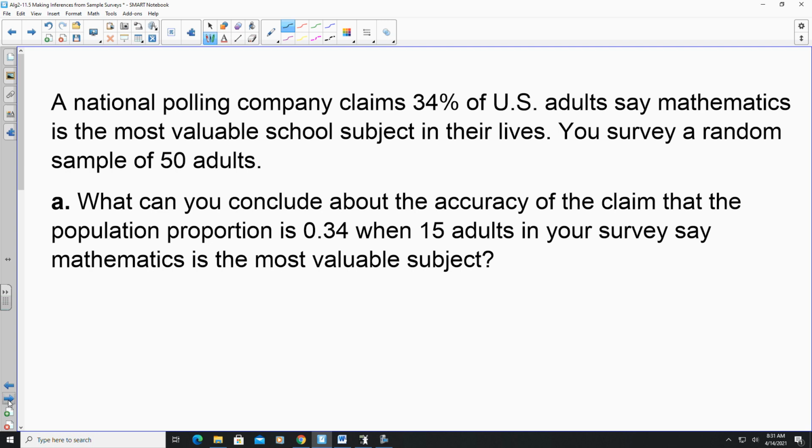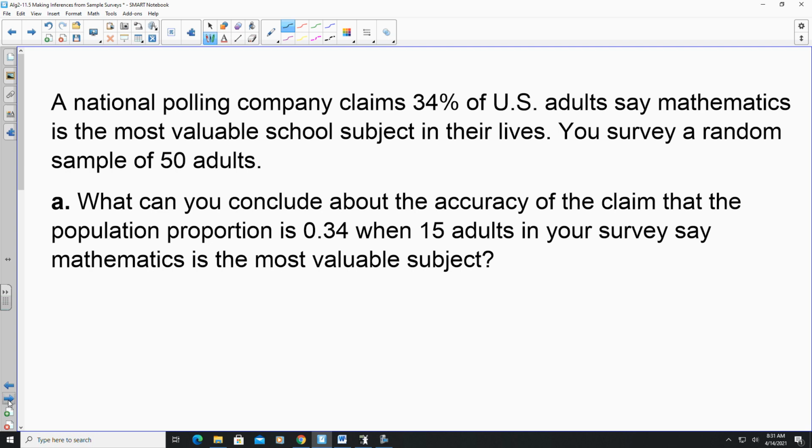You survey a random sample of 50 adults. What can you conclude about the accuracy of the claim that the population proportion is 0.34 when 15 adults in your survey say mathematics is the most valuable subject?